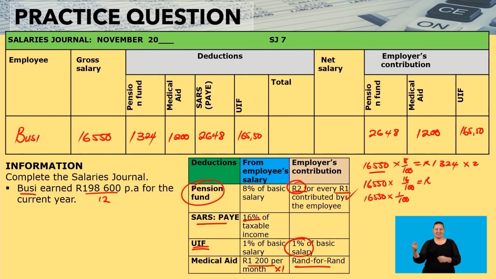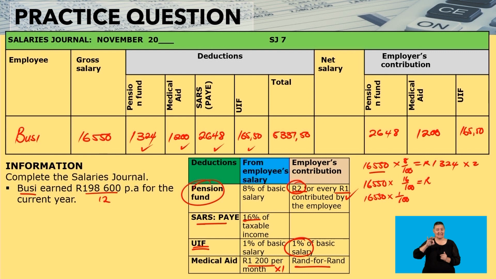I would then add my pension fund, my medical aid, SARS Pay As You Earn, together with my UIF. I'll get 5,337 and 50 cents.